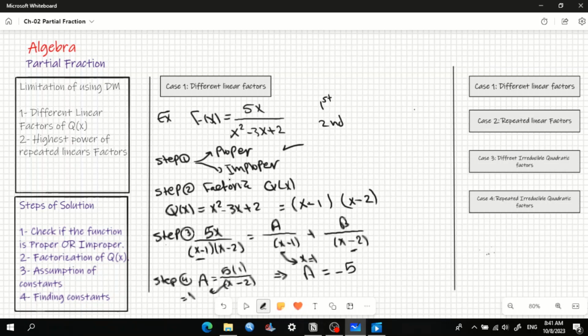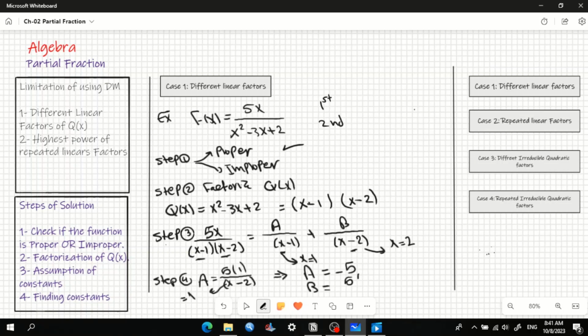And B, we make the same thing as A: just hide the factor which is related to the fraction containing B, and substitute with x equal to negative 2. So let's make them.